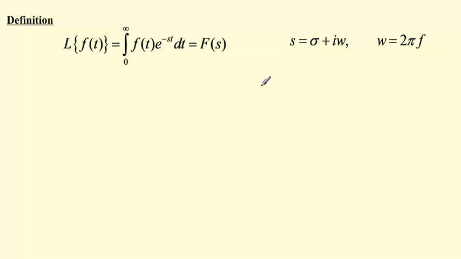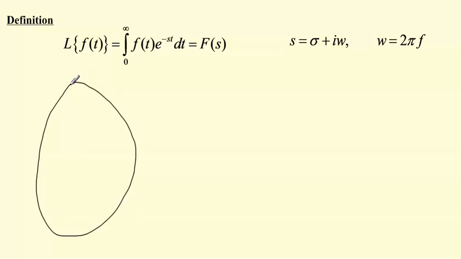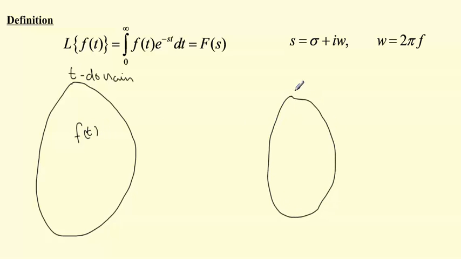Now, the process of the Laplace transform is to transform functions of time. Let's say here we've got the time domain, functions in the time domain. So Laplace transformation transforms functions from the time domain, let's say here we've got f of t, to what we call a frequency domain.